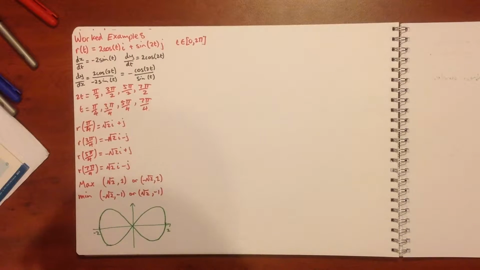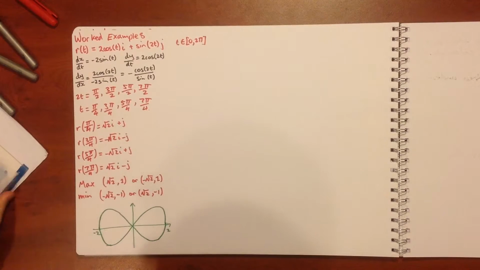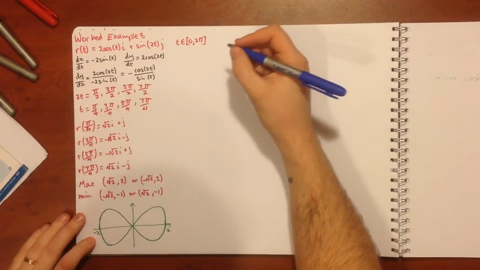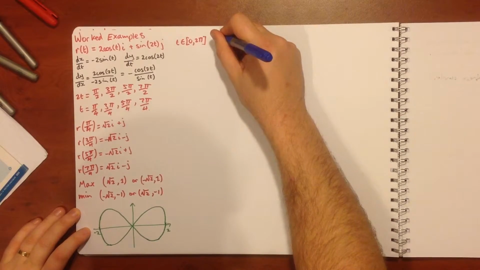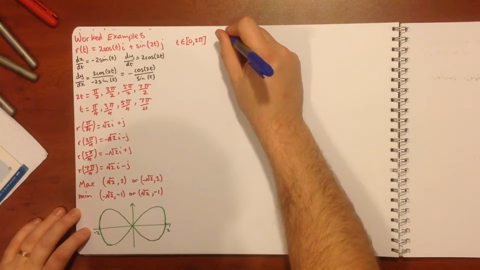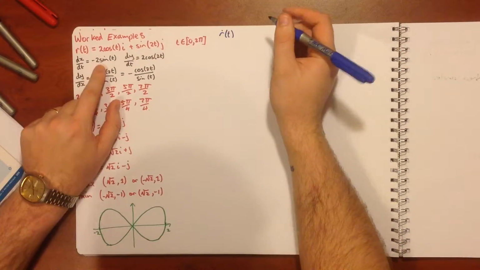So for part D, we need to find the speed of the particle when t equals pi on 4 and t equals pi on 2. We know what our r of t is, and our r dot of t, well, we've worked out everything we need.